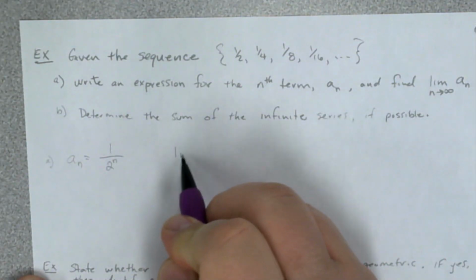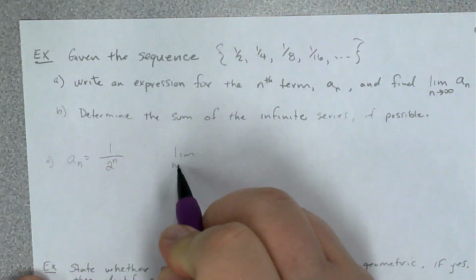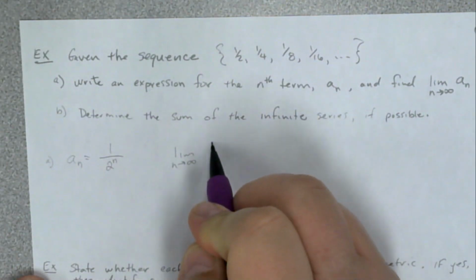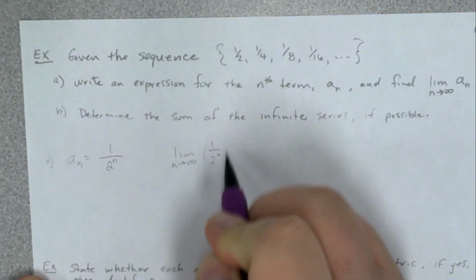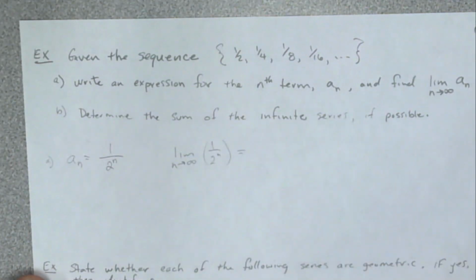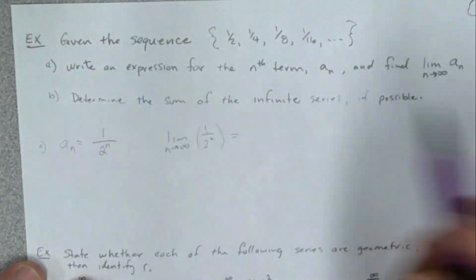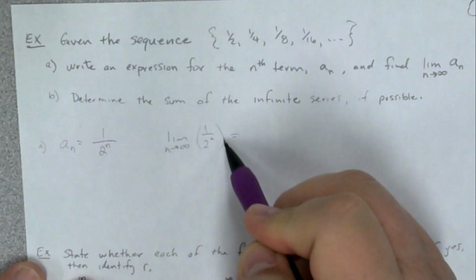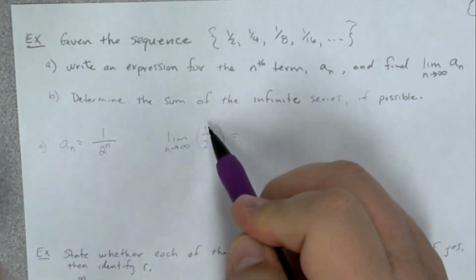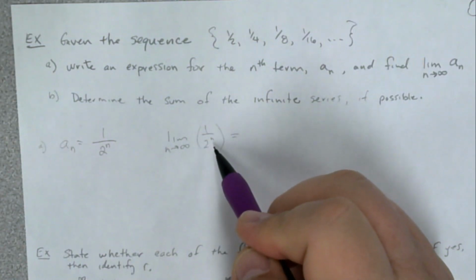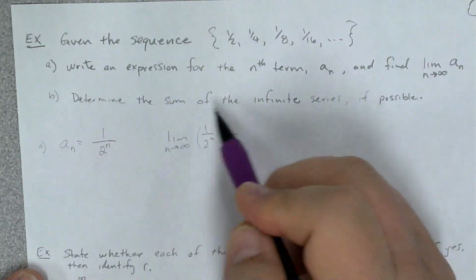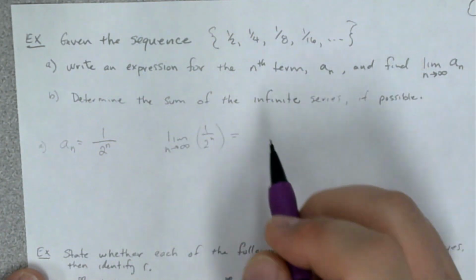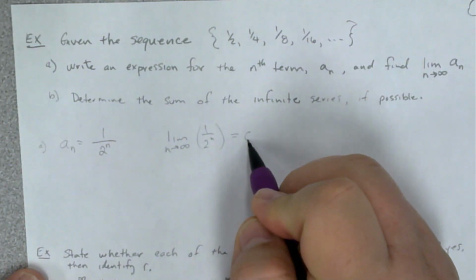What is the limit of that as n goes to infinity? Does it have a limit? Well, if n is going to infinity, then the bottom number is getting larger and larger, but the top is not. So 1 keeps getting divided by a larger and larger number, meaning this entire fraction gets smaller and smaller, heading towards 0.